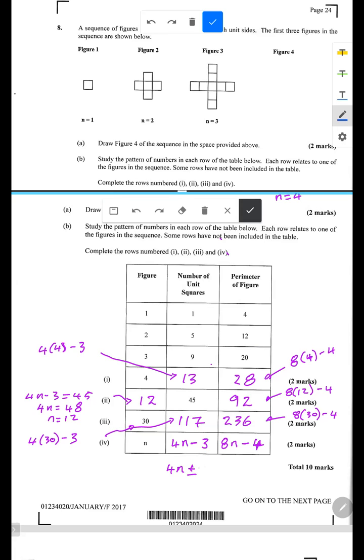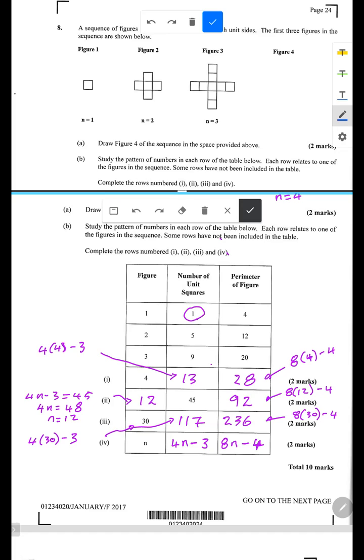What tells you what is plus or minus is the first figure. The first figure is where n equals 1. So if n equals 1, this is going to be 4. To get it to be 1, you have to subtract 3. So the formula is 4n minus 3, see it?